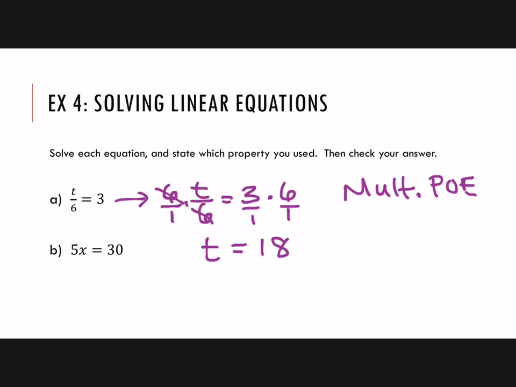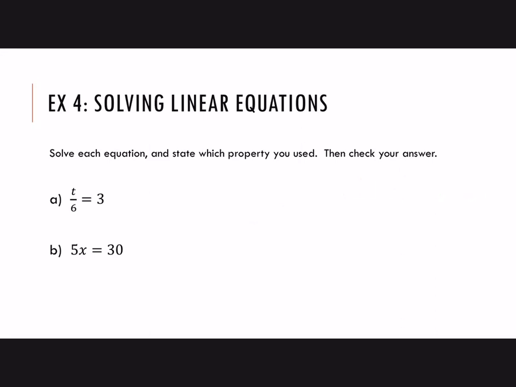Second example, 5x equals 30. This time I have something multiplied by x, so I would like to divide to get rid of it. Divide by 5. On the left, 5 divided by 5 is 1, so that's canceled, and this becomes x equals 6.